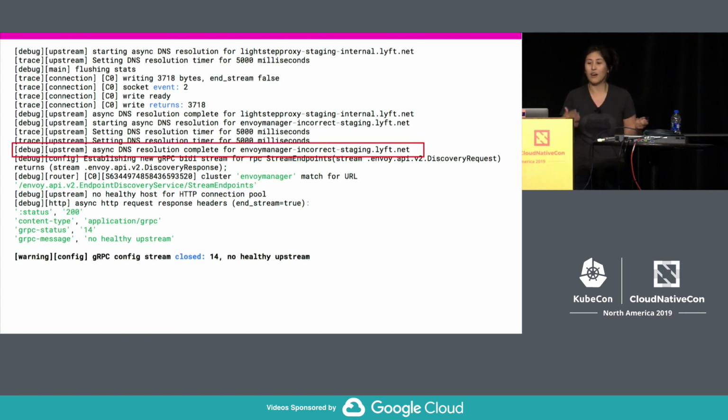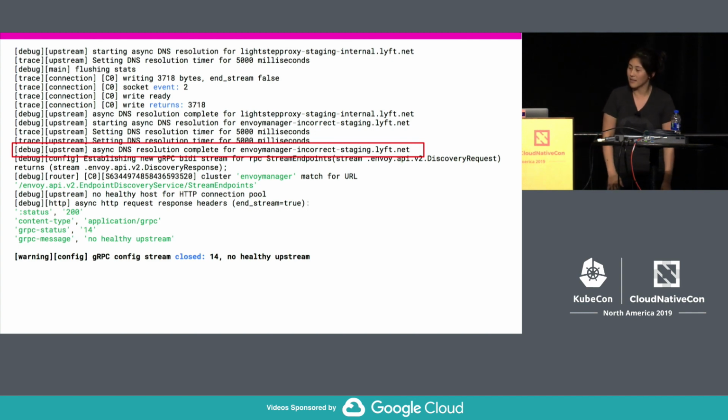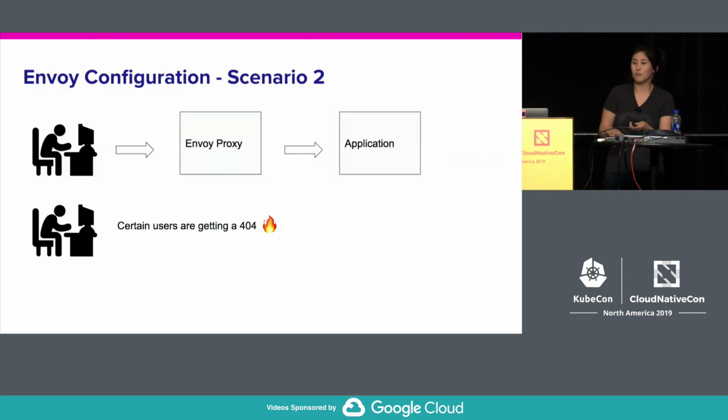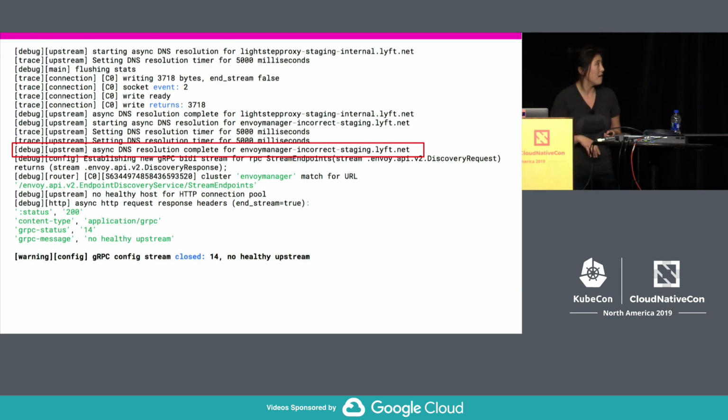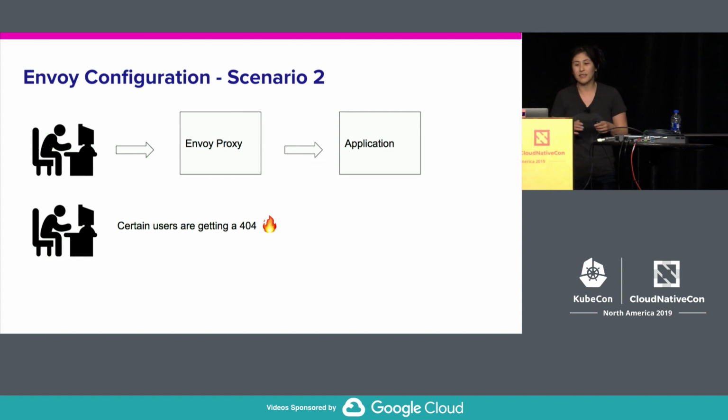But ultimately, oh, look, our DNS was not set up correctly. And note that that was stated in the debug line. What was happening was that there's no healthy upstream because that DNS didn't resolve to IP addresses, and so it was not able to talk to the config server. But then again, we were able to get more data through these traces to see what's going on.